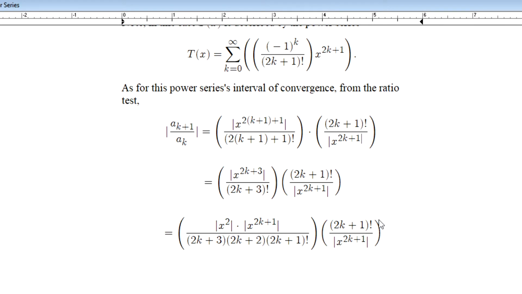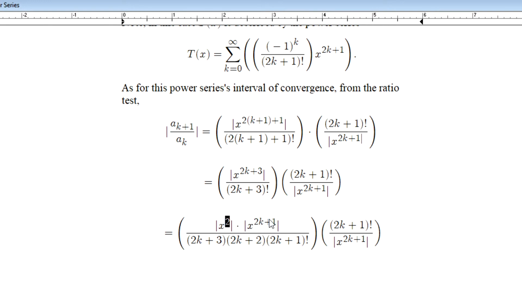Where if we now think about how we could expand the absolute value of x to the 2k plus 3, well, really that is just x squared times x to the 2k plus 1 power, right? If we were to take these same bases, powers of the same base, and combine them, we would just add the powers.